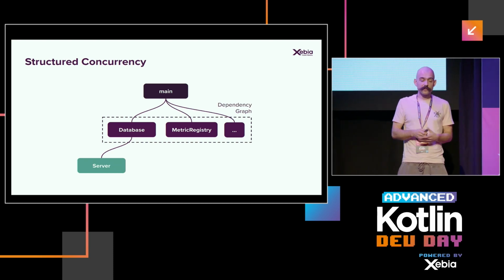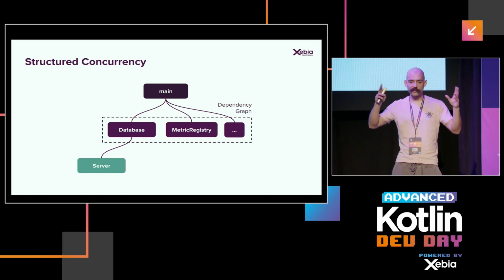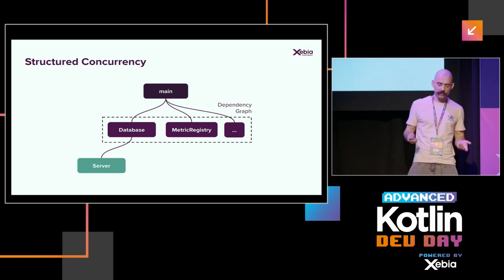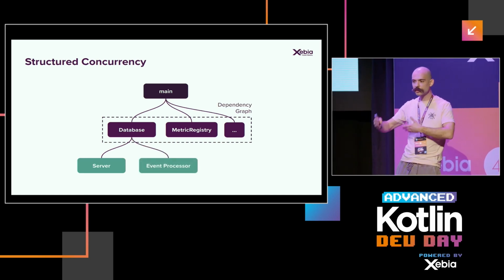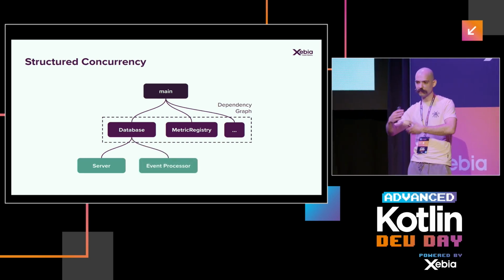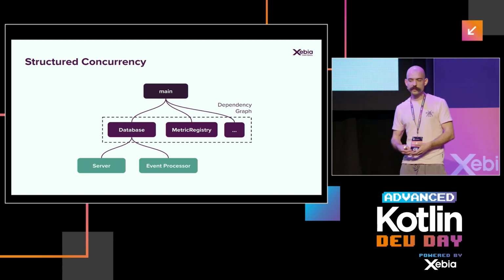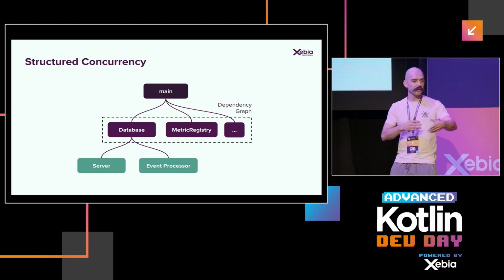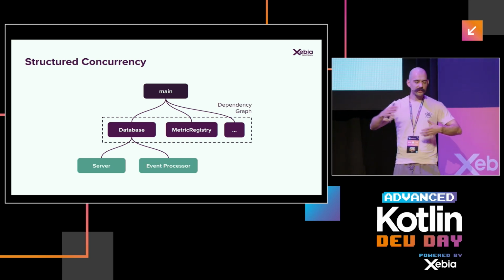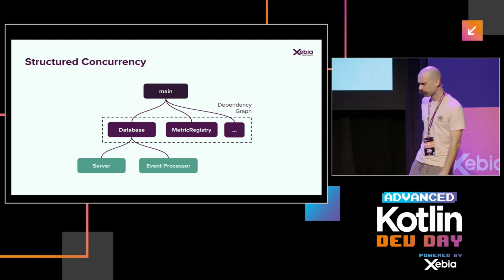But oftentimes when we are writing microservices, the server, or the thing that is handling requests, is maybe not the only thing that we're doing on the microservice. Oftentimes we are maybe also processing some messages or some events in parallel to the server, for example, coming from Kafka or GCP PubSub, any kind of distributed message system or message queue or RabbitMQ. We need to process messages, store them in the database, then handle requests from the users. These are things that we're all doing in parallel, and typically it also relies on this dependency graph.